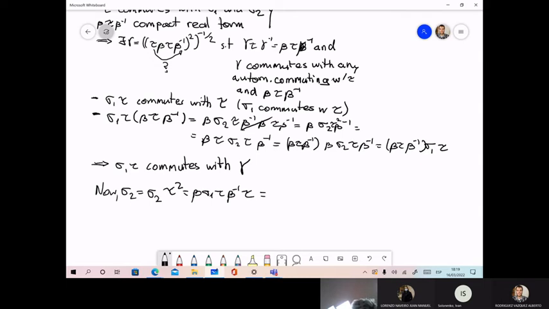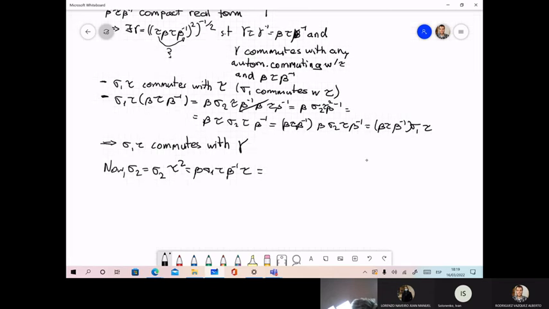But now tau beta minus 1, we know that this is tau sigma minus 1. Oh, sorry. Okay. So we have this. Wait a second. Gamma tau gamma minus 1 equals beta tau beta minus 1.